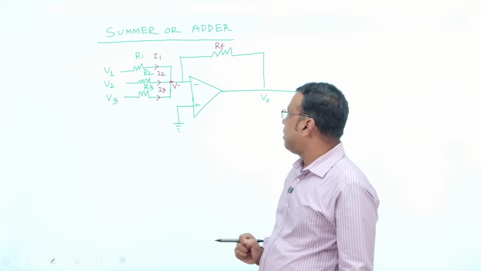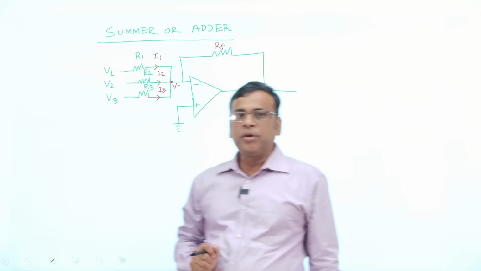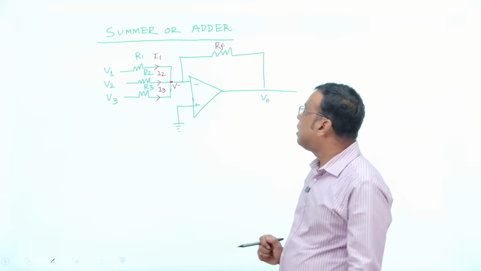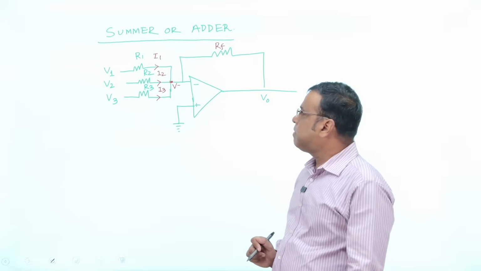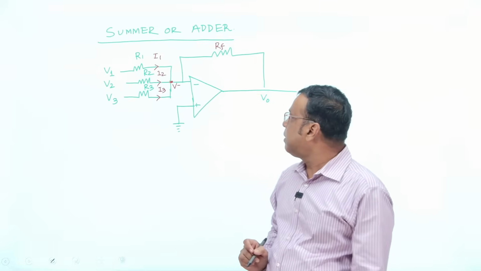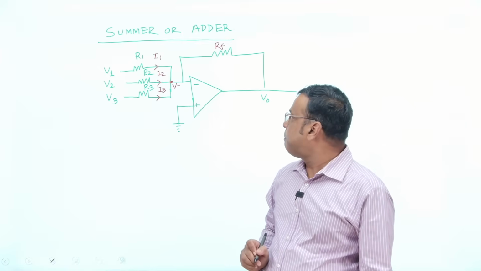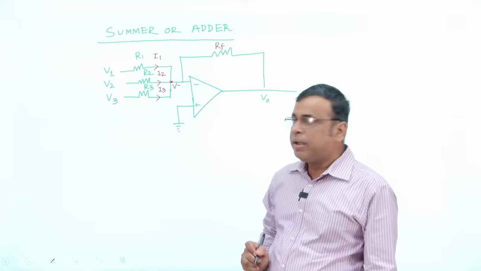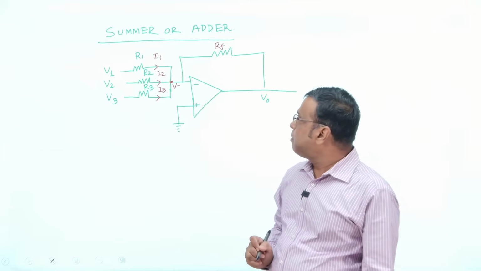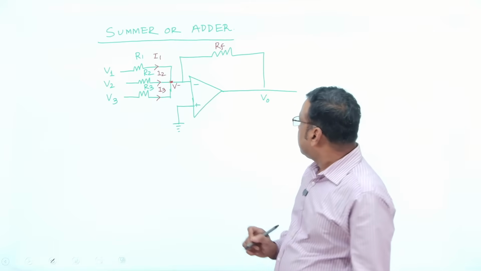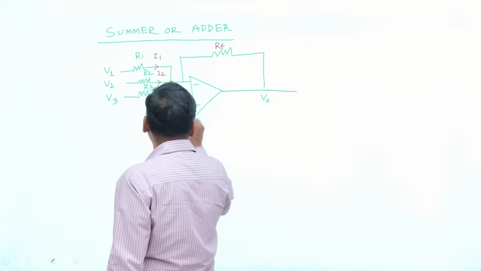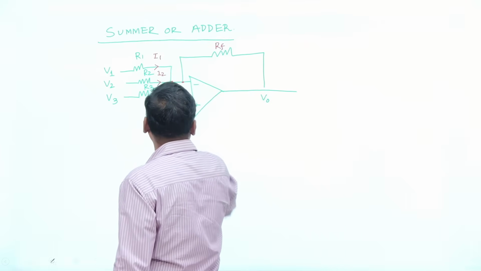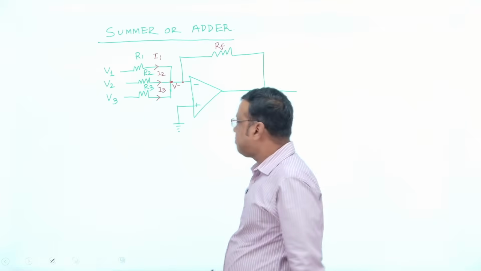Only one thing you should remember: in any type of problem related to the operational amplifier, first apply Kirchhoff's current law, the fundamental application, in node analysis. Any type of problem you can then solve. Here the non-inverting terminal is grounded, so the potential at V minus must be 0.